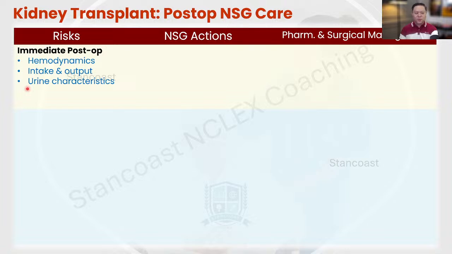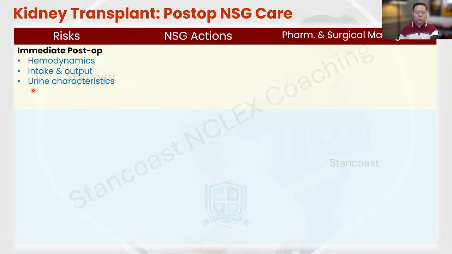This is something that we can probably do in maybe a step-down unit or telemetry or med-surg, right? Especially if you are just meeting this patient. But most often the frequency of the vital signs checking, and also checking for the other observations, would require much more frequency here.